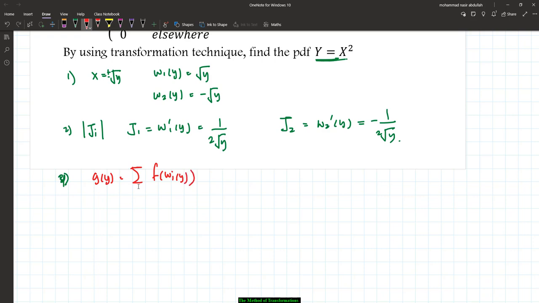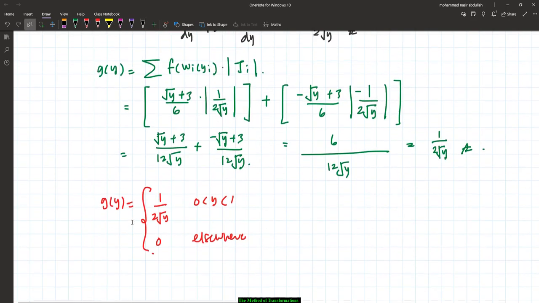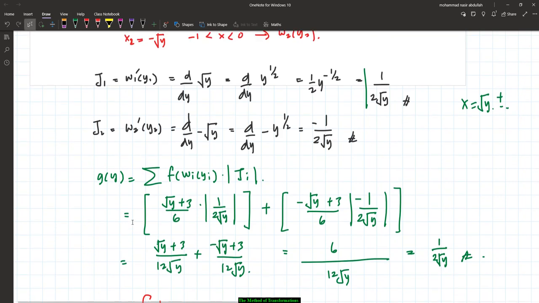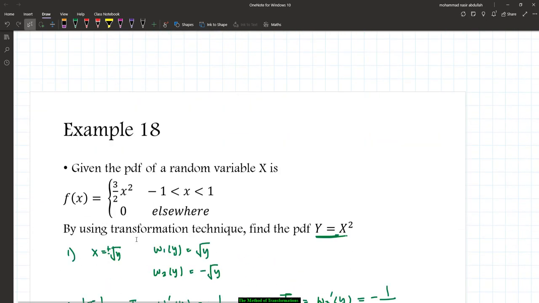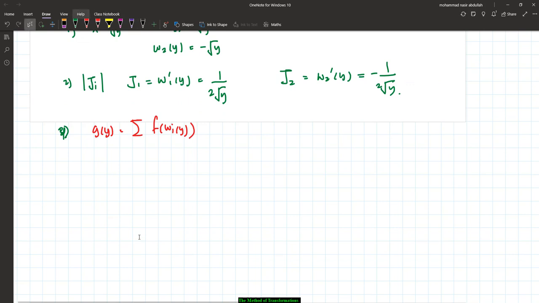Sebab kita ada satu y saja, kita tak perlu yi kan. Dekat sini pun sama juga, tak perlu yi because we only have one y. Okay? So tadi I tak letak. So this one should also be the same, one y saja. Tak perlu ada dua y1 y2 because we only have one y saja. Right? Okay.